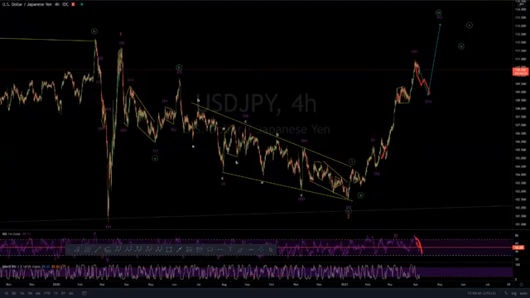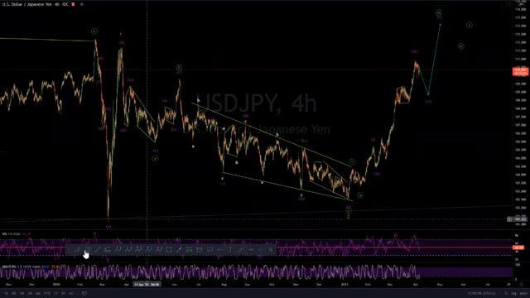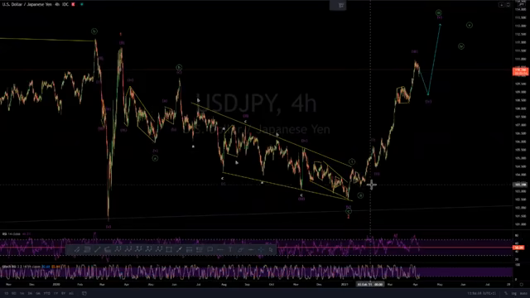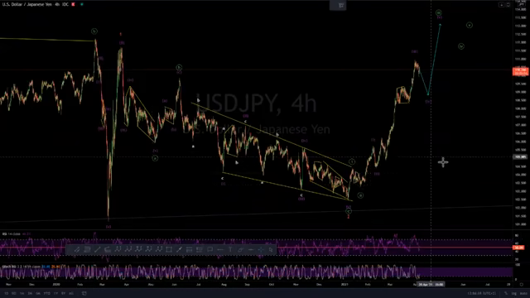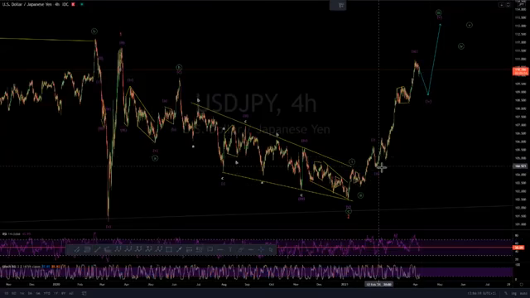Right, let me just use the Fibonacci's. Let's see where it will terminate. We know that wave 4 will terminate around 38.2 of wave 3. Right, so this we're expecting wave 4. Right, so this is the start of wave 3 here.